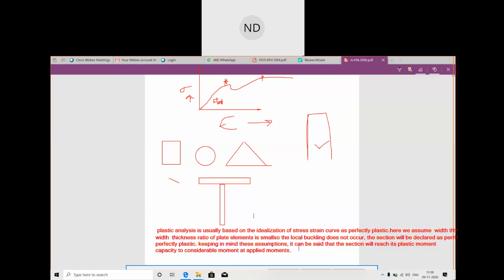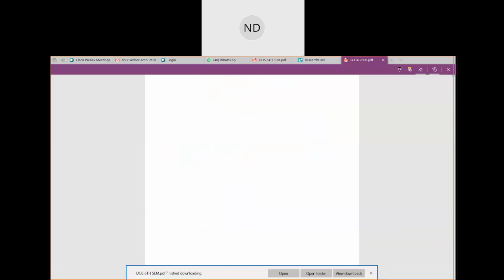Now, this was the general basics of plastic analysis, and now if we talk about the principles of plastic analysis, note down these things because I don't have any extra notes for this.